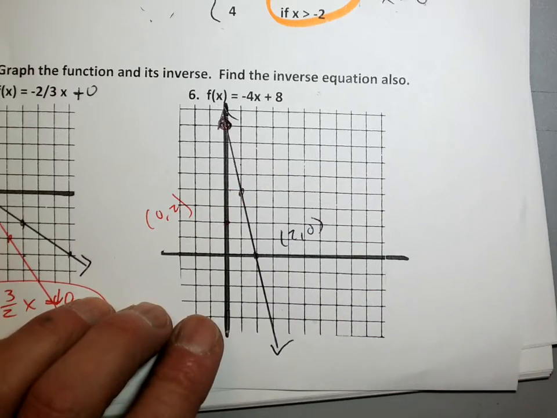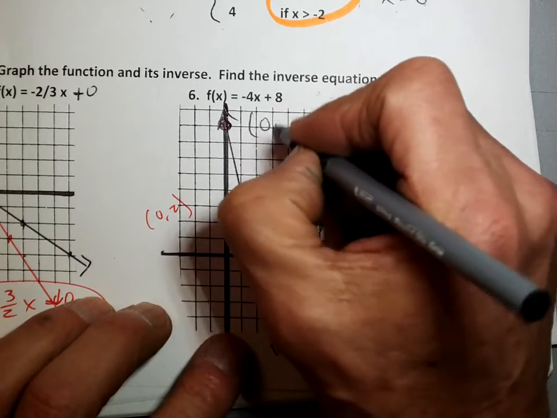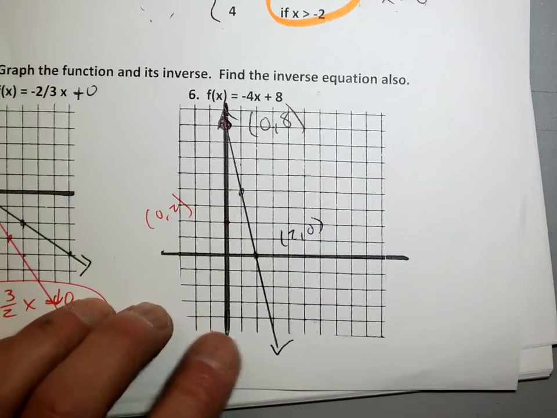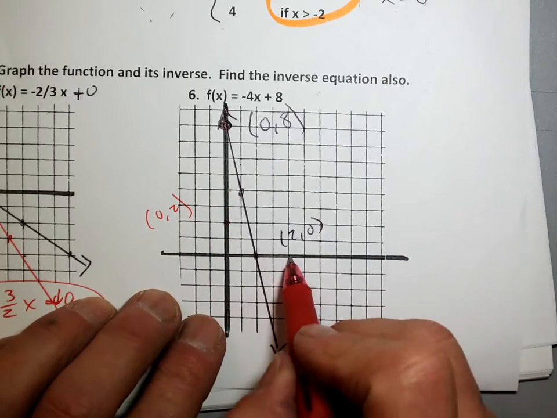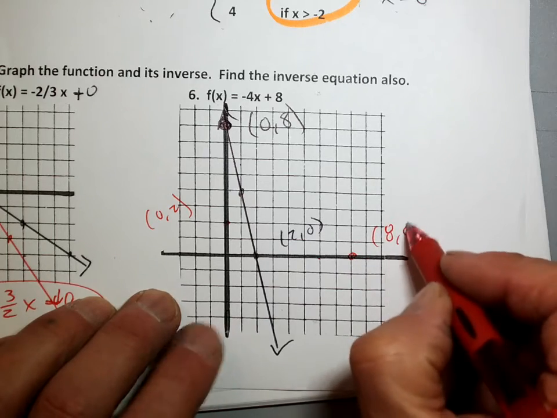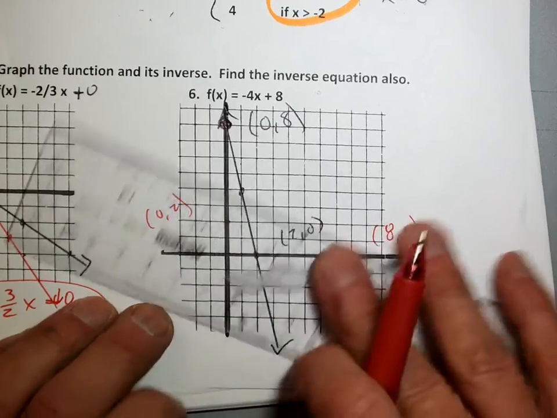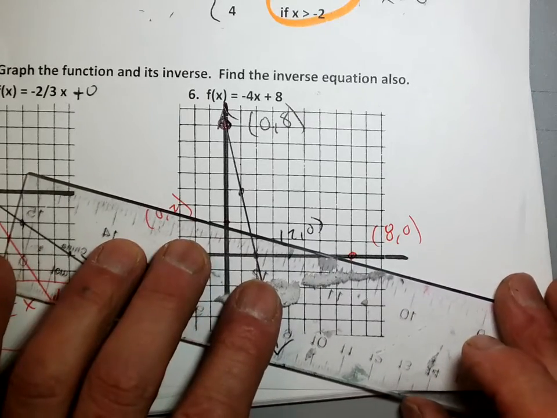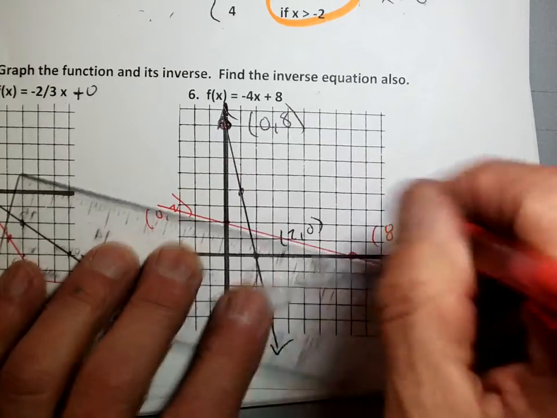I have a y-intercept at 0, 8, which becomes an x-intercept of 8, 0. 2, 4, 6, 8, 0. All right, so there's both Coco's and Yvette's suggestion. And there's my graph, okay?